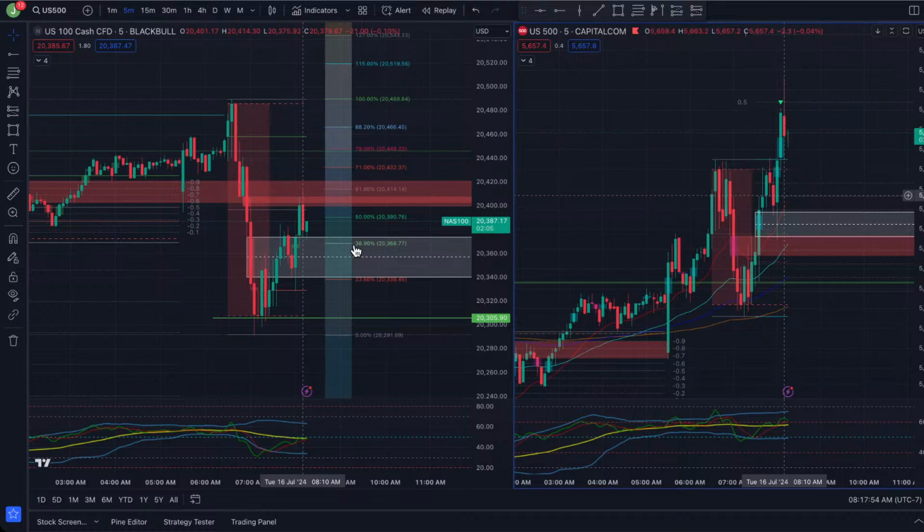A little under 45 minutes left in the session. Seeing some signs of rejection on NAS. Still within that fair value gap.